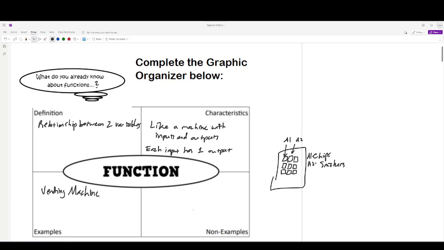A non-example might be a different kind of vending machine. I don't know if you've ever seen the ones that have all the little prize toys in them, but they're in little capsules. So I don't know what I'm getting. I put in money, and out comes a capsule, but I don't know what's in it. So we'll call this a capsule machine.